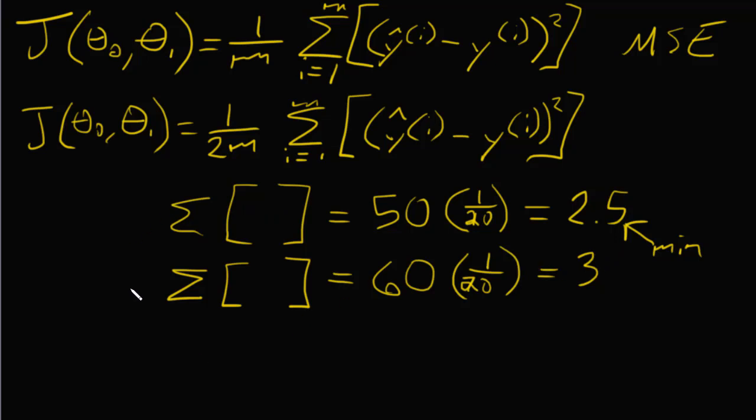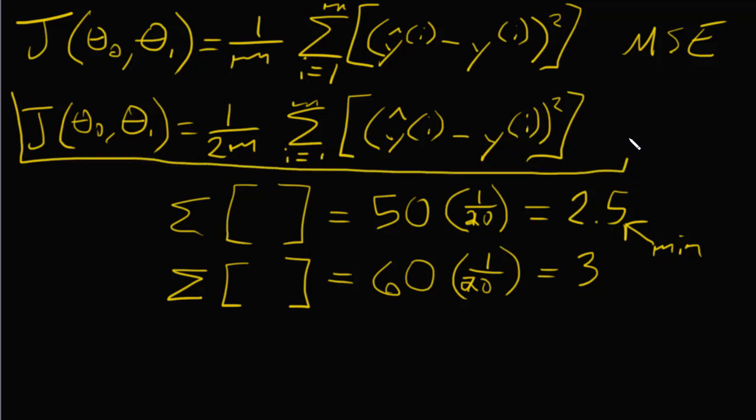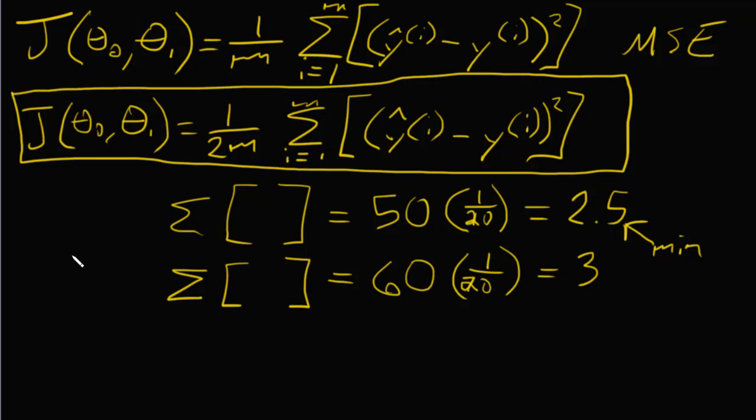So this function right here is my new cost function. Alrighty, 1 over 2m times the summation y hat i minus y i, quantity squared. Okay, so now that I have that, let's move to a way to interpret this y hat.